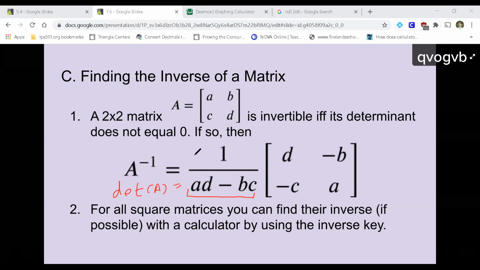And hopefully you can see why the determinant can't be 0: we're dividing by the determinant, and you can't divide by 0.